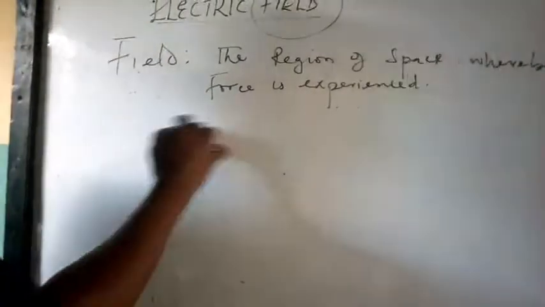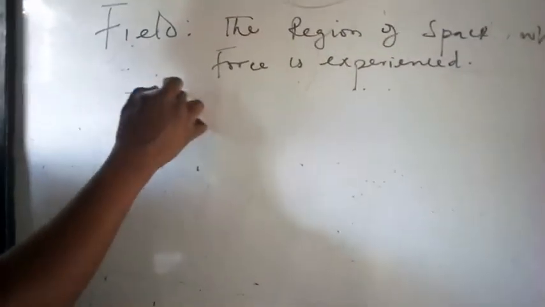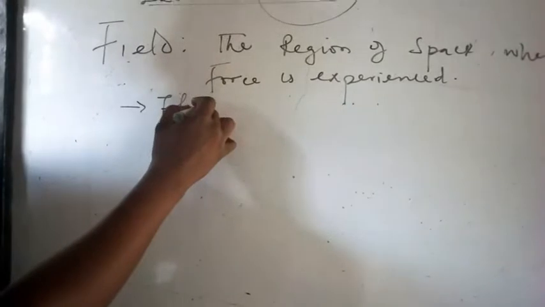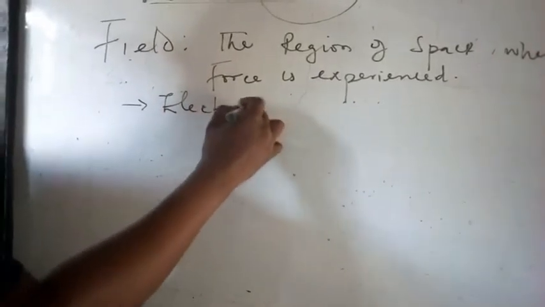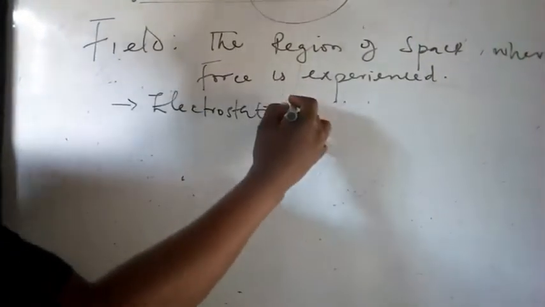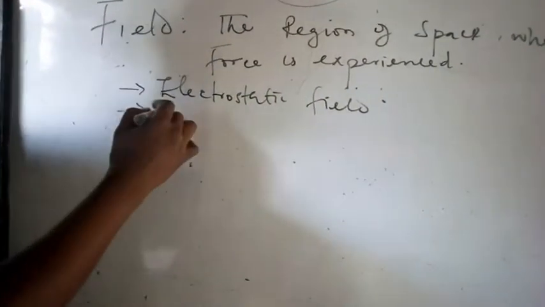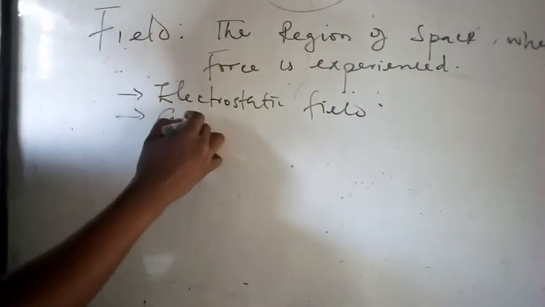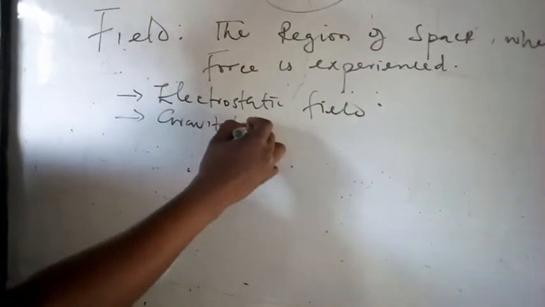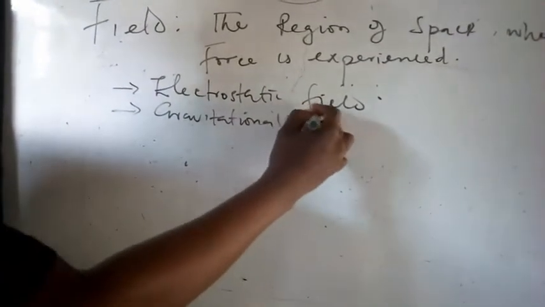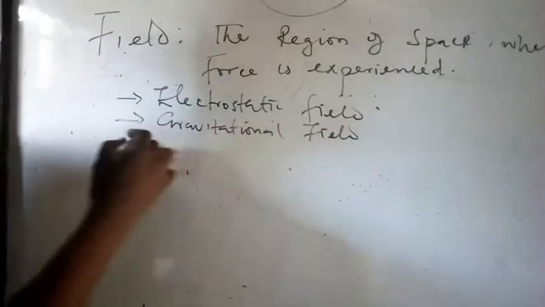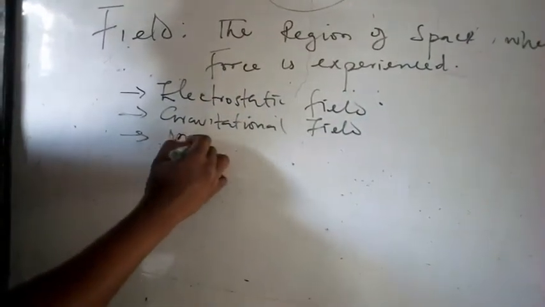And we have types of field in physics. We have the electrostatic field, the gravitational field, and the last one is the magnetic field.